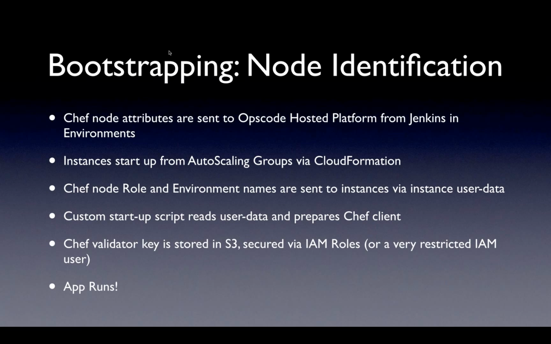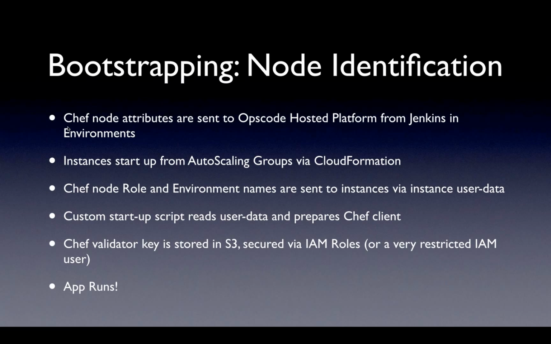So what is so special about what we do with the node identification as part of our bootstrapping? Chef node attributes are sent to the Opscode hosted platform from Jenkins, and instances start up from the autoscaling groups via CloudFormation. The Chef node role and environment names are sent to instances via the user data service, and so that's part of the secret sauce.